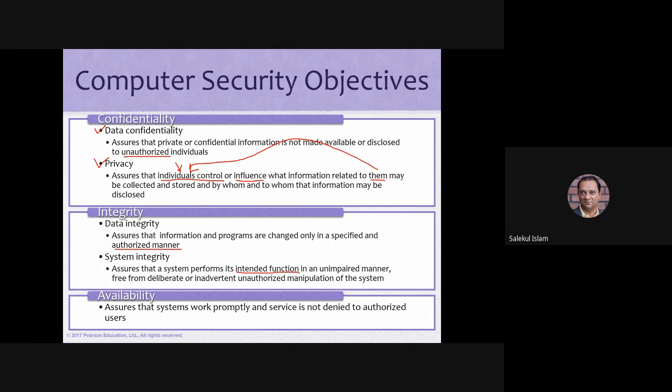It should perform its intended function in an unimpaired manner, free from deliberate or inadvertent unauthorized manipulation of the system. So the system should not be manipulated. No one can manipulate a system, or in jargon we can say no one will be able to hack a system and control it.